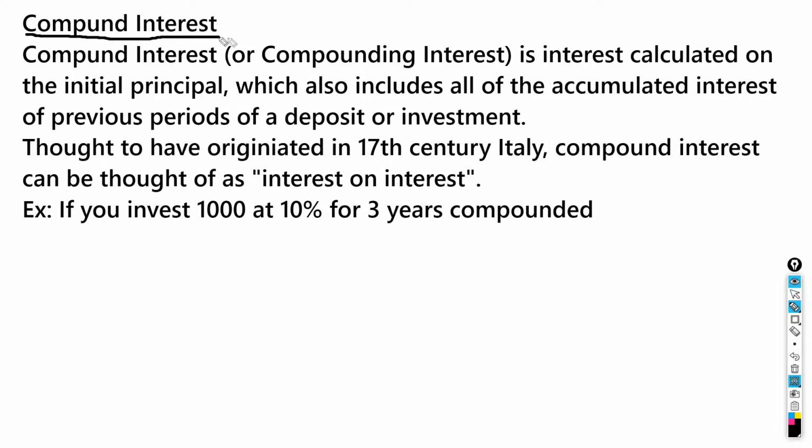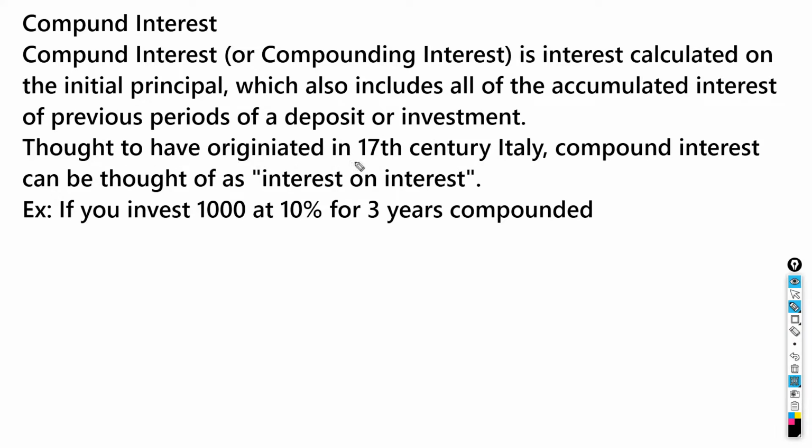All right, guys. And this is really cool. I'm not going to lie, this is amazingly cool. The definition here says compound interest, or compounding interest, is interest calculated on the initial principal, which also includes all of the accumulated interest of the previous periods of a deposit or investment.